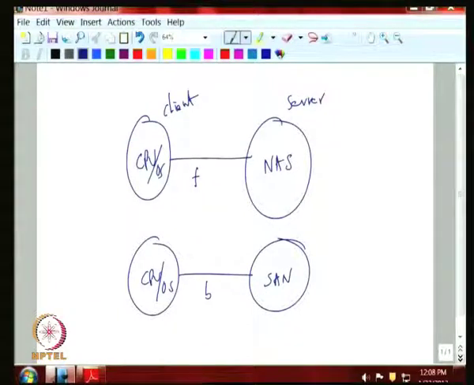For example, we have a system called NFS, network file system. There is a client NFS portion on this side and the server NFS on this side. The client NFS takes care of all the aspects relating to issuing the request, and the server NFS figures out, given the file name, or actually what is called a handle.